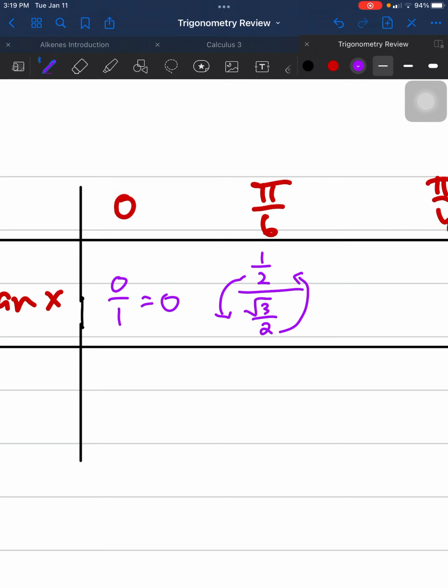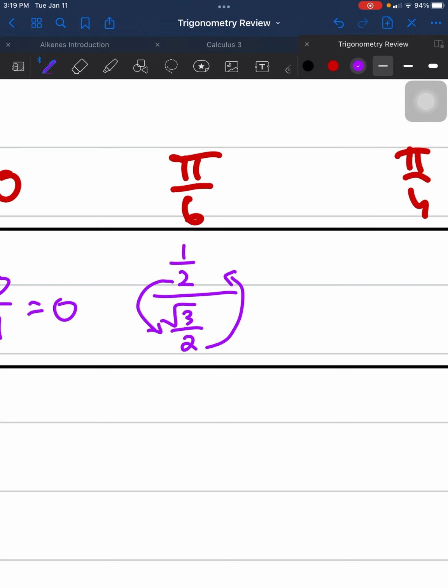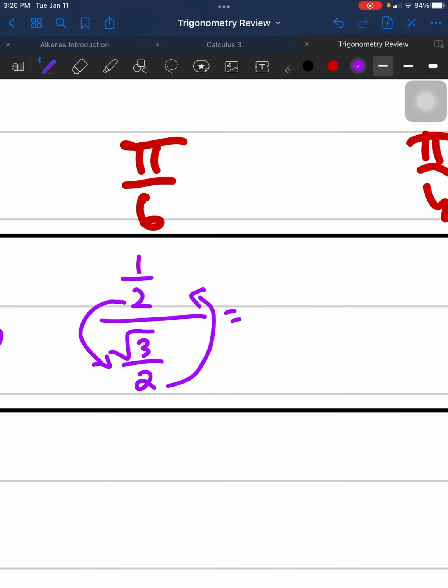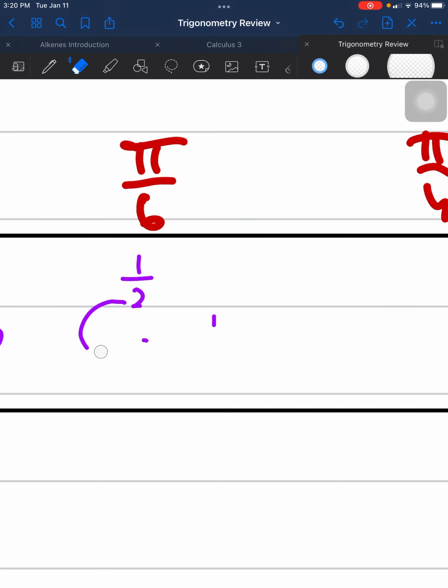This radical 3 over 2 flips up, this denominator of 2 comes down, and we get a value of radical 3. Wait, I think I made a small mistake. Hold on.